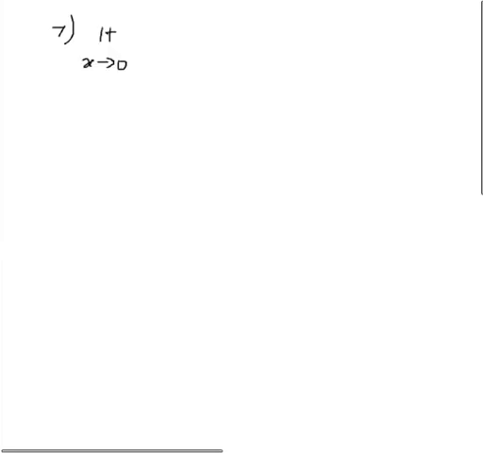Question number 7. Log of 1 plus 2x to the base e divided by x. If the base is not written, it means to the base e in our textbook. Otherwise, in other books, it will be written ln of x. That means to the base e. Let us multiply and divide by 2.